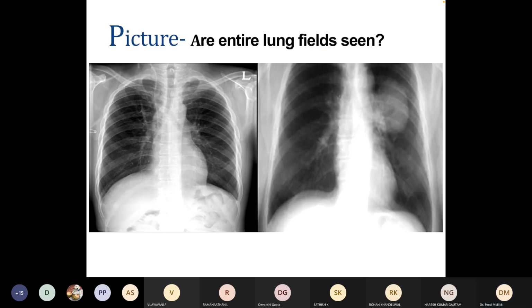ठीक है? Okay, then next most important thing is the picture. Now, are the lung fields, are you able to see the entire lung fields? इसमें दिख रहे हैं? कौन answer करेगा? Somebody answer me. Yes, ma'am. इसमें पूरे दिखे.